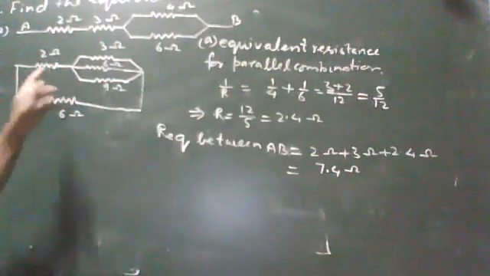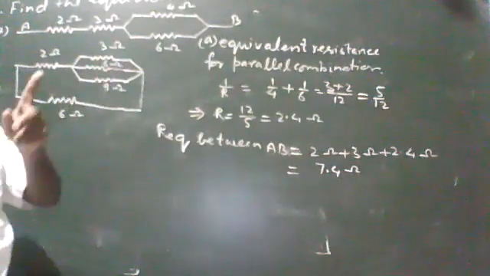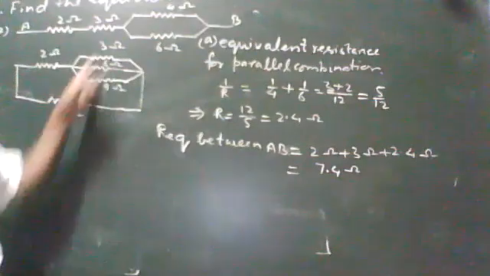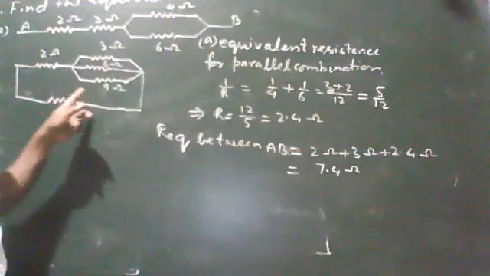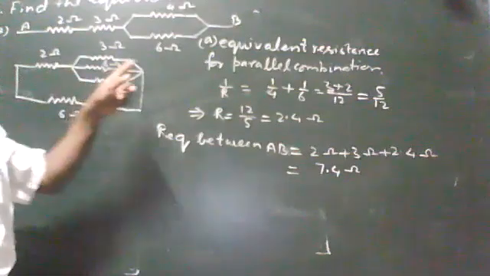Solution of this question, listen to me. First of all, we will find the equivalent resistance for the parallel combination, this one. Afterwards, you will add 2, 6 and this in series.